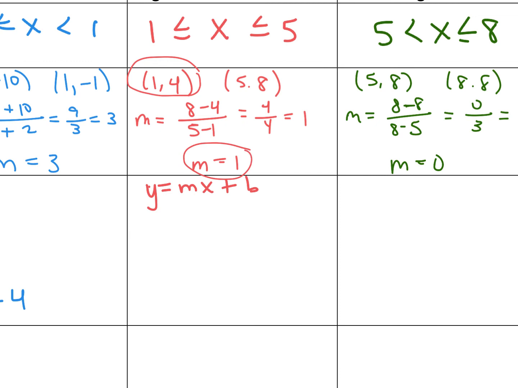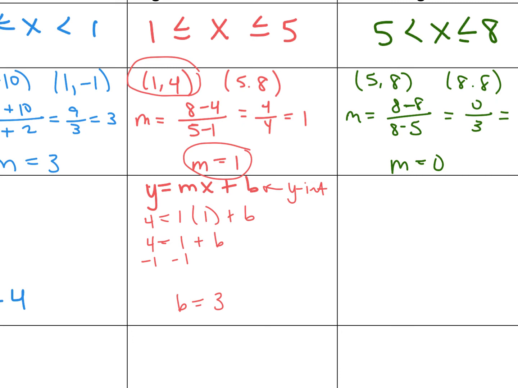So the y from the ordered pair is 4, plug in a 4, equals your slope is 1 times your x is 1 plus b. And if you remember, b is the y-intercept, that's what we want. So now we have an equation where we can solve for b. We have 4 equals 1 times 1 is 1 plus b. Subtract 1, we get a y-intercept of 3.